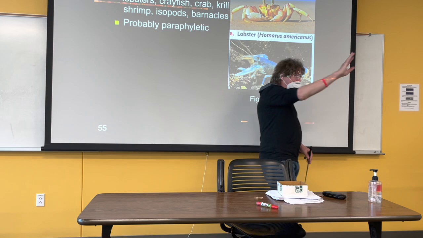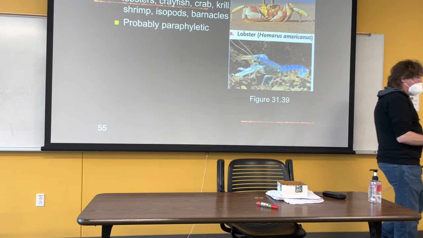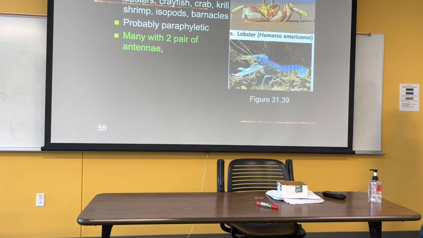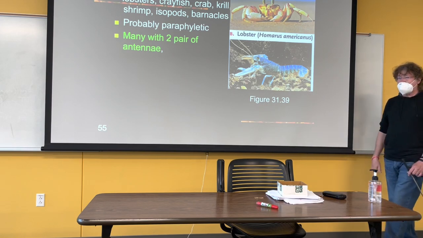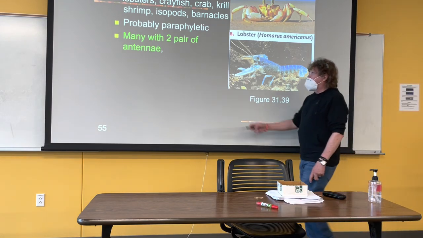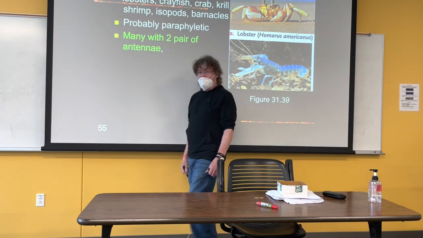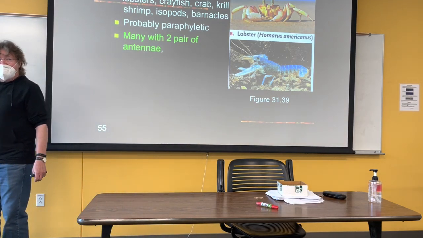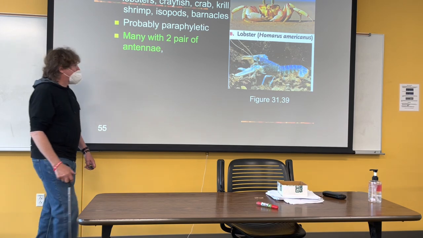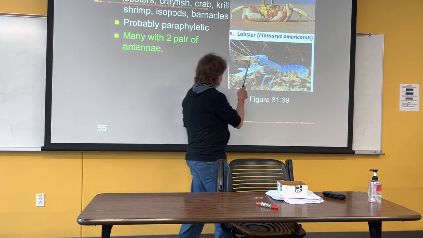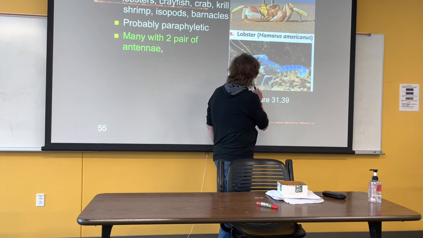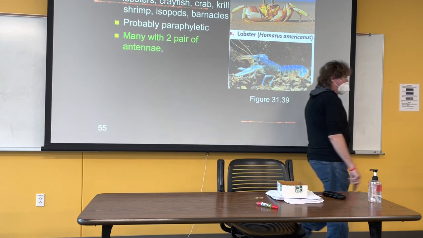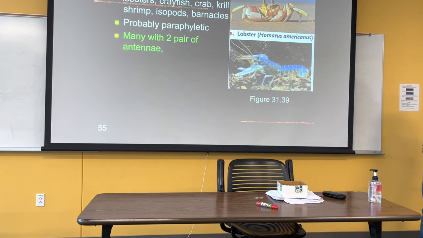So I'm just going to keep them as a paraphyletic group, because there's too many clades within this group to deal with, right? Most crustaceans have two pair of antennae. Insects are different. So there's one pair here, long, and another pair very short. That's mostly in the lobster crab group.